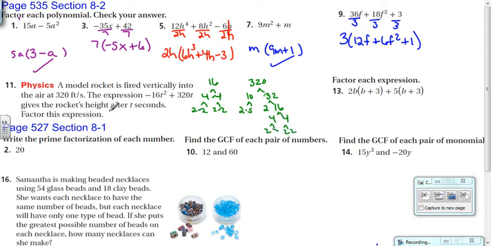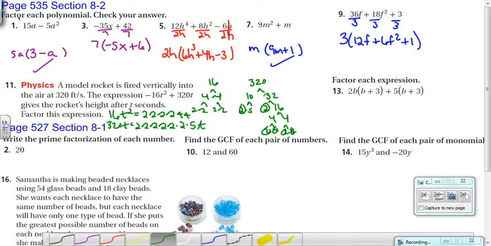So I know that 16t squared can be factored into 2 times 2 times 2 times 2 times t. And 320t is 1, 2, 3, 4, 5, 6 2's and a 5 and a t.